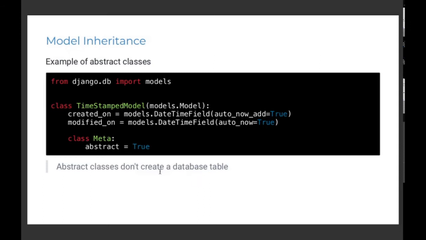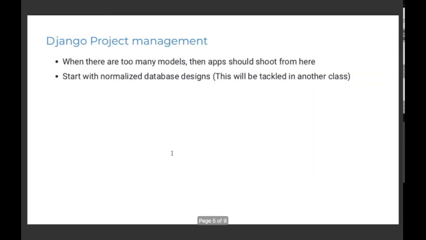Again, abstract classes don't create database tables. To say that it is an abstract class, you create an inner class named Meta in your model's definition, and then say abstract is equal to True. And by doing that, you're creating an abstract base class that can be implemented later.